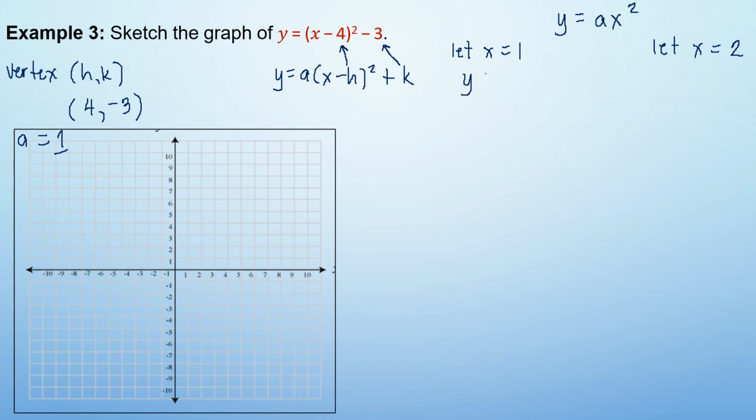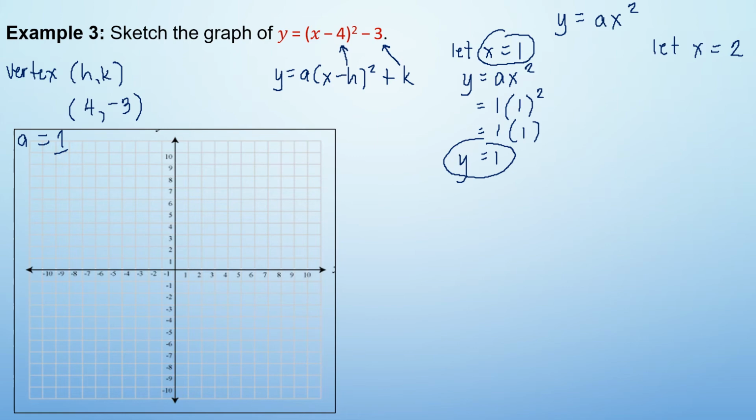After that, solve for y using the given formula. In the given function, our a is equal to 1. So if we let x be equal to 1, we substitute 1 to x. We have 1 times 1. Therefore, if x is 1, y is equal to 1.